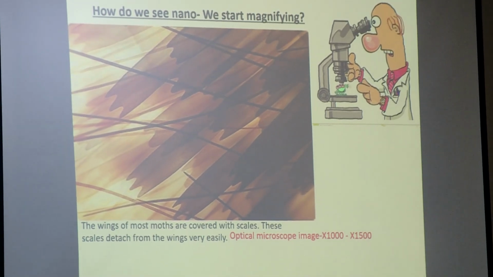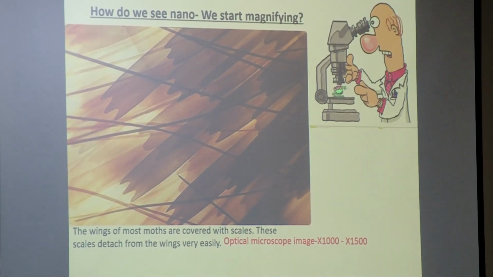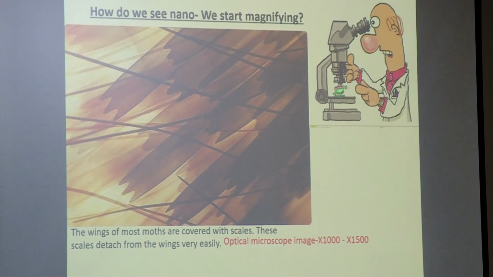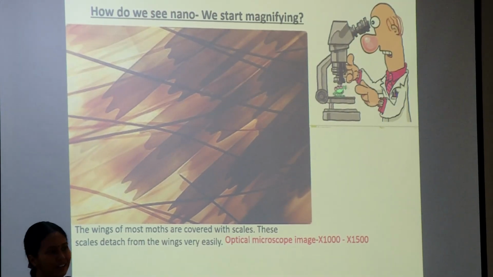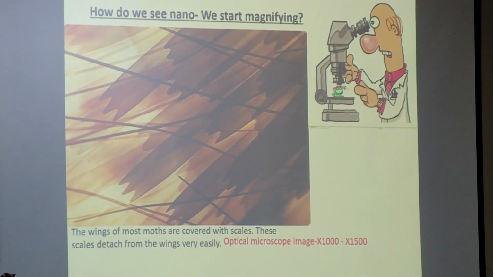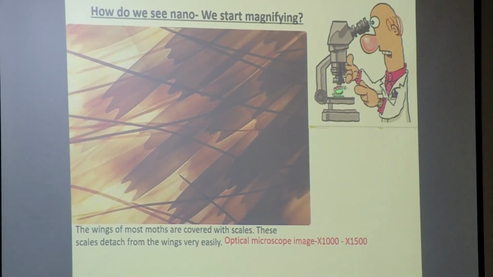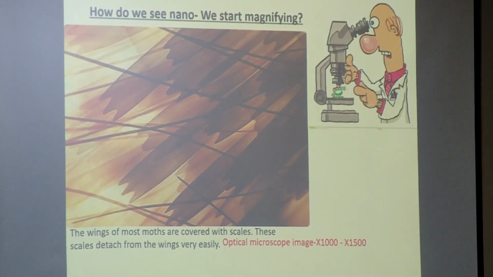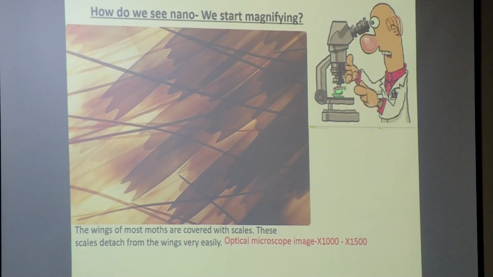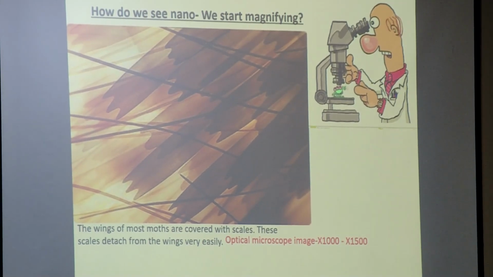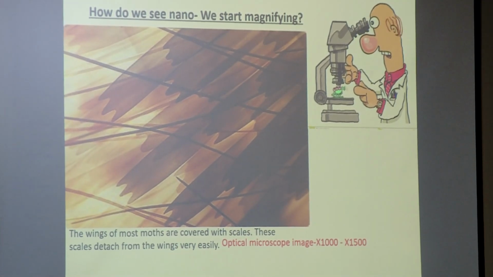Scientific notation? 10 to the power of minus 9 meter is also a scientific notation. Doesn't have the properties? What are those specific properties? They have different colors, depending on their size. Do all nanomaterials have different colors? It's good that you can recollect something from whatever you have heard.